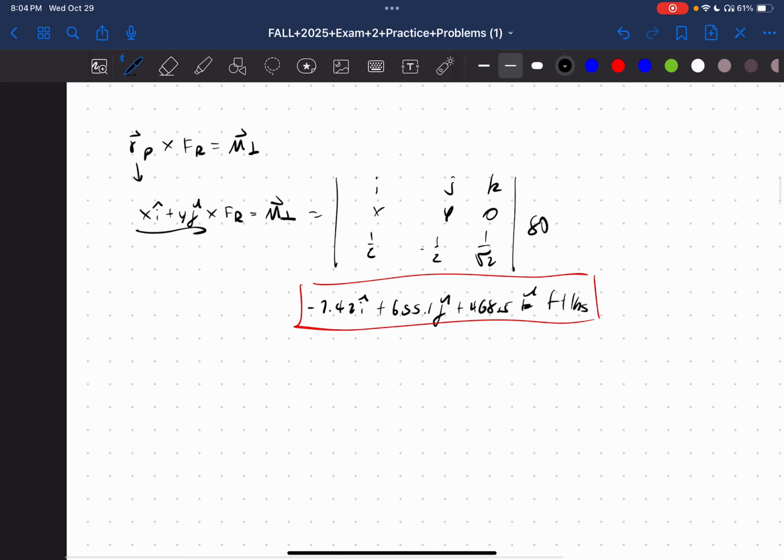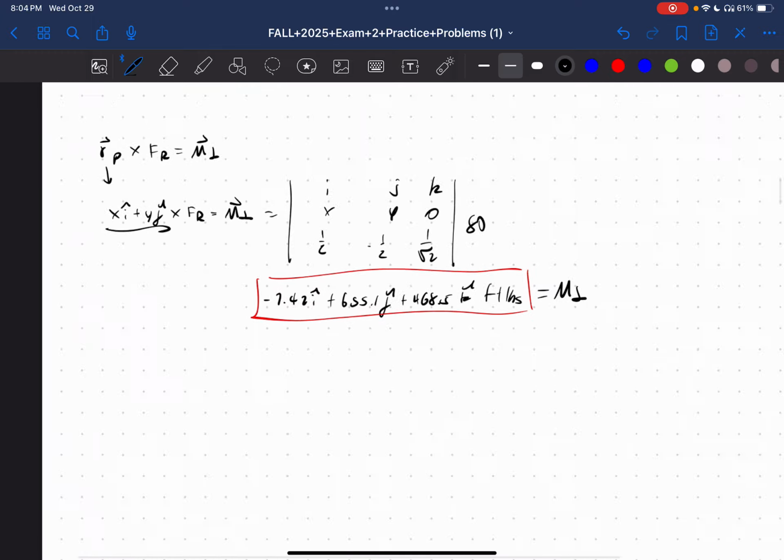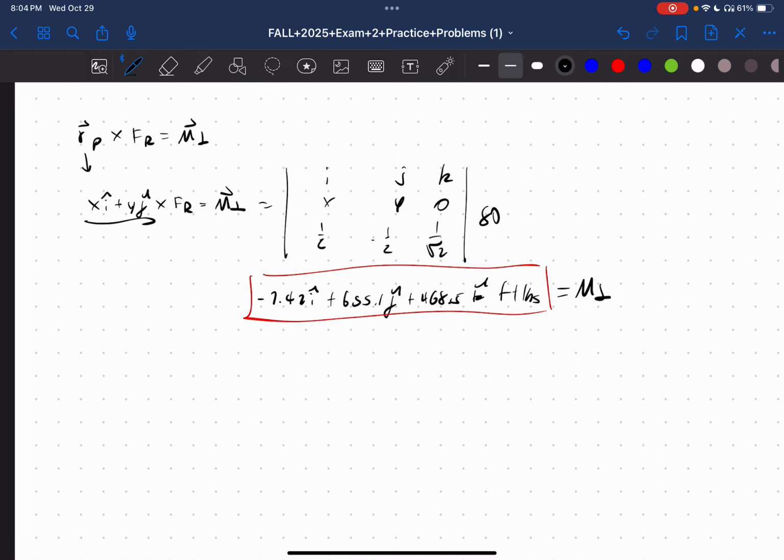Okay, so now that we have this, we must set it equal to the moments. Wait, this is the moment.